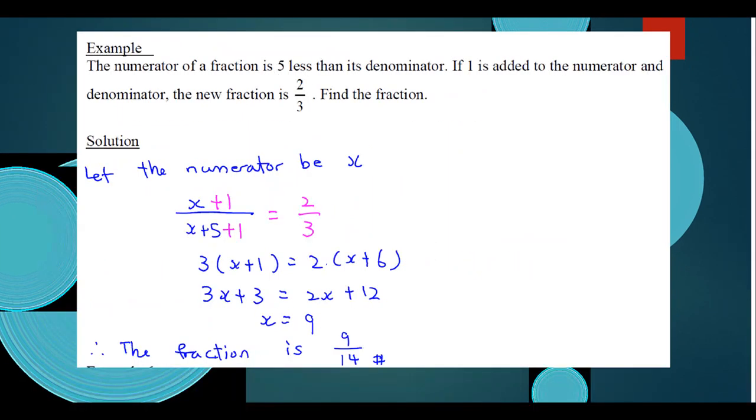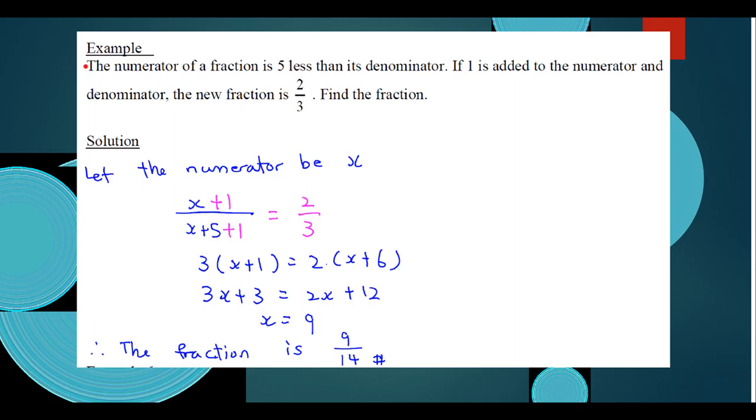Let's move on to the next example. In this example, it says that the numerator of a fraction is 5 less than its denominator. If 1 is added to the numerator and denominator, the new fraction is 2/3. Find the fraction. So here I have to form an equation.